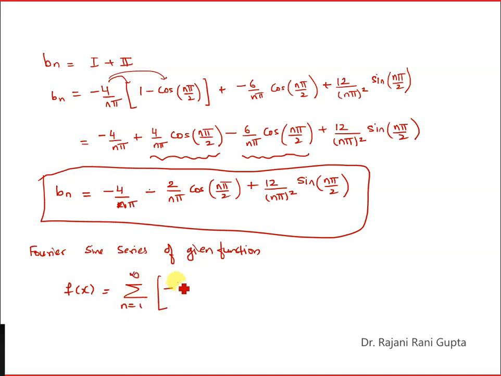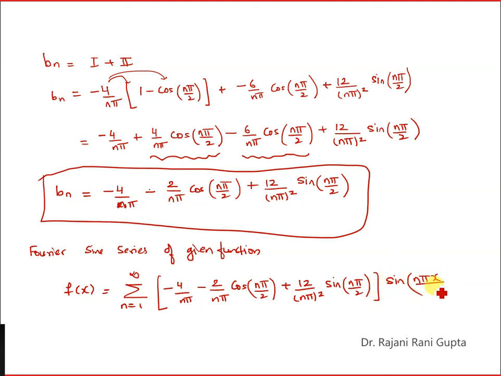Bn is minus 4 over n pi, minus 2 over n pi cos n pi by 2, plus 12 over n pi square sine n pi by 2, times sine n pi x over 2. This completes the Fourier sine series.